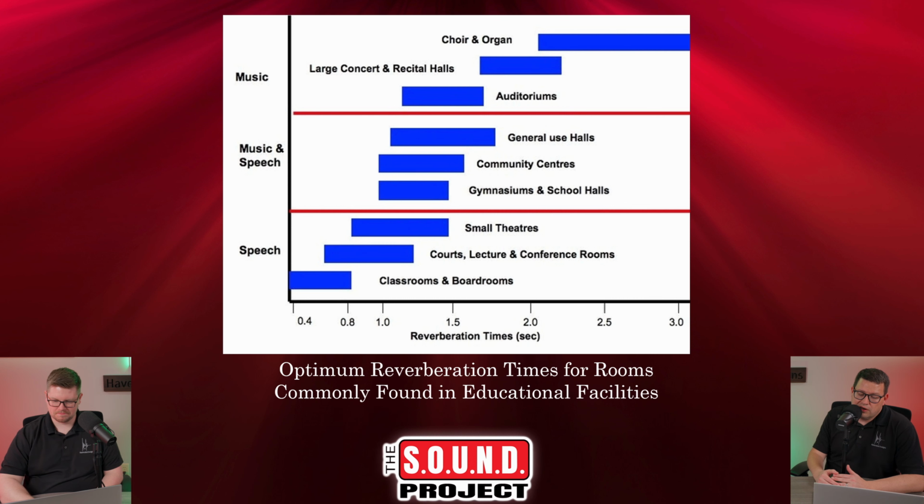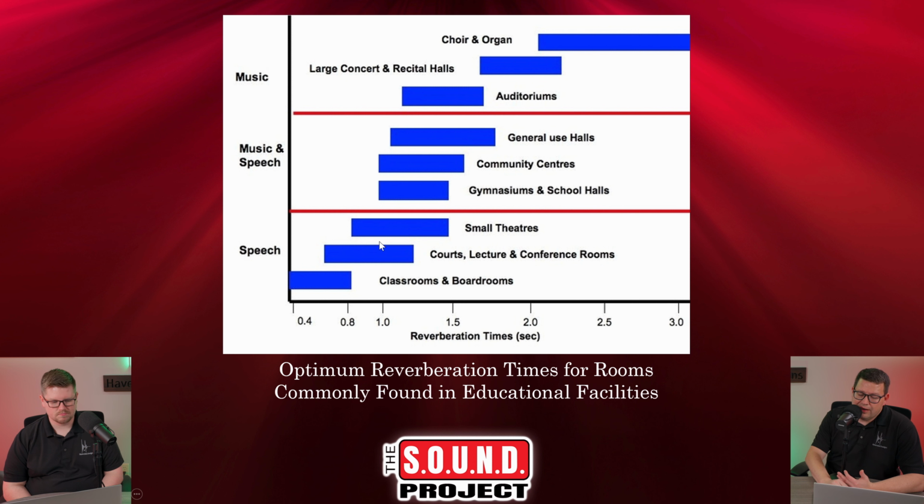Here's a chart that shows reverb time for common types of rooms in educational facilities. The bottom axis is reverberation time in seconds, from 0.4 up to 3 seconds. Then you've got some speech applications, music and speech applications, and music-only applications as you go up.